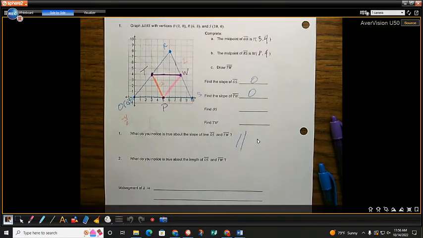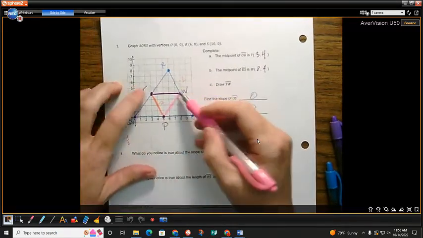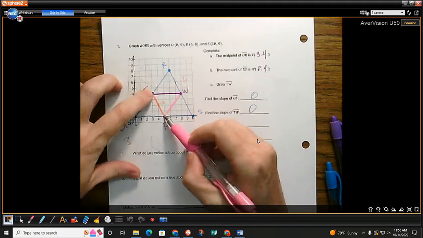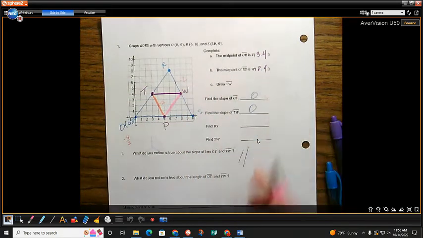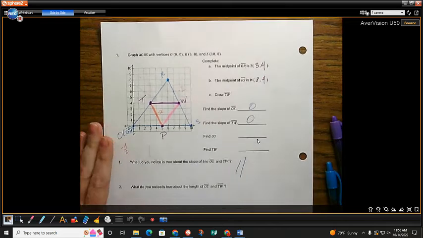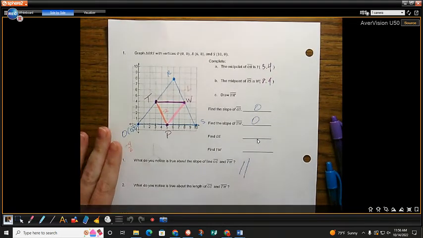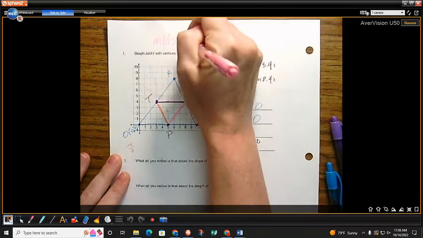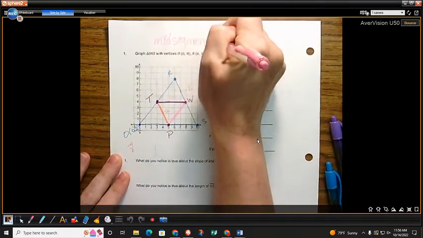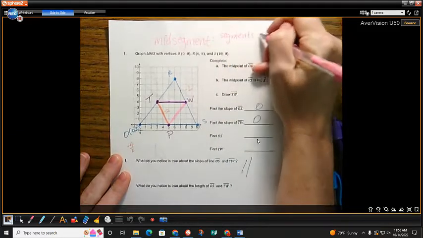So this special segment that we drew that connects the midpoints, this purple one, this orange one, and this pink one, they all connect midpoints of the sides. Guess what a segment is called when it connects midpoints? It's called a mid-segment, because it's a segment that connects midpoints.